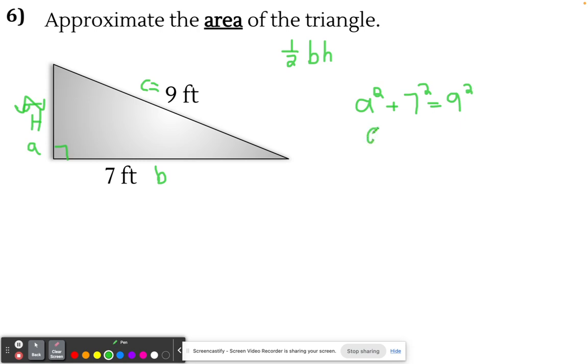So A squared plus 49 will give me 81. I think my handwriting's getting worse the longer I go.